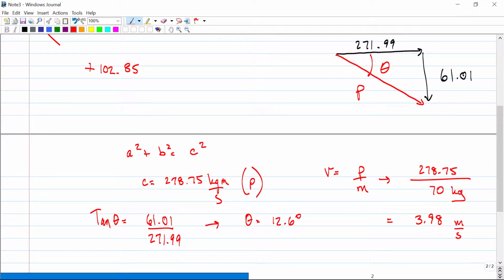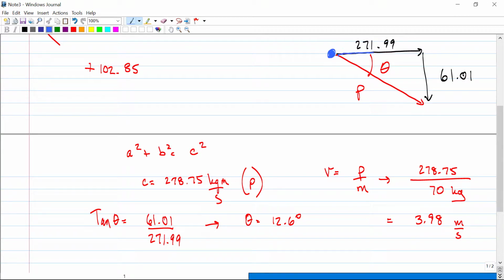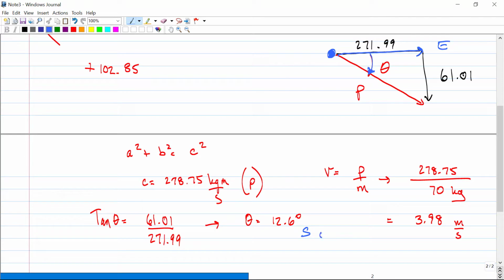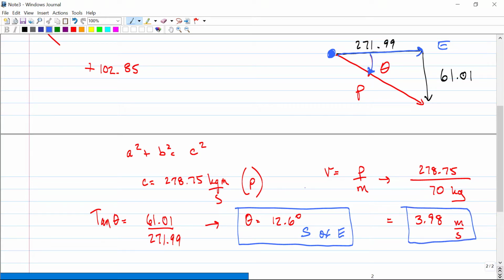And that 12.6 degrees occurs because it is being measured from this point where the collision takes place. This line is going east, and this line is being measured from the east line south. So it is south of the east line. That is my theta. That is my velocity. And this is my momentum.